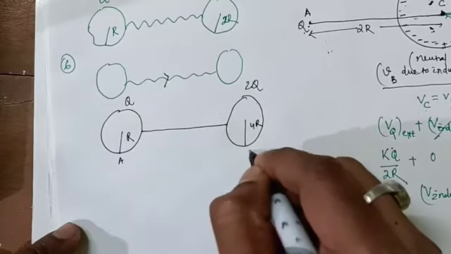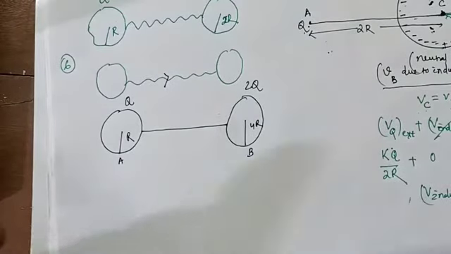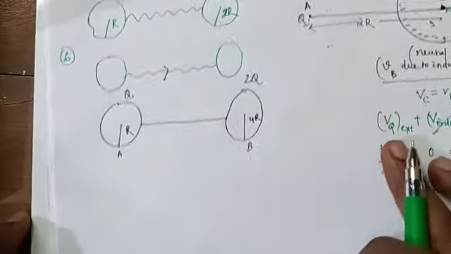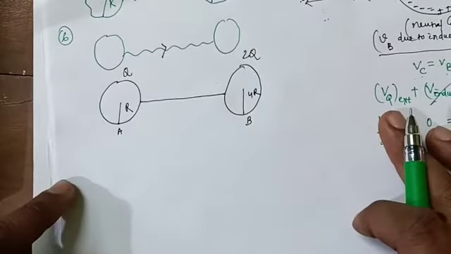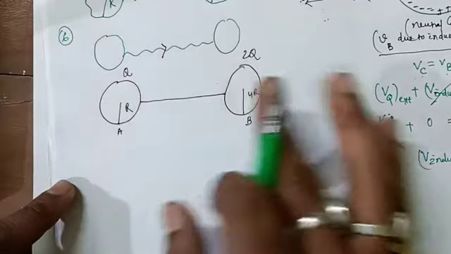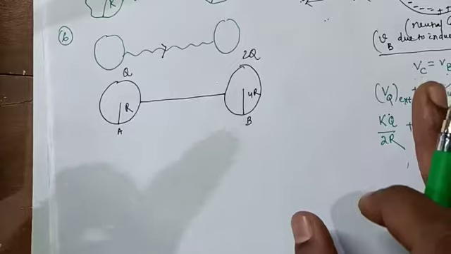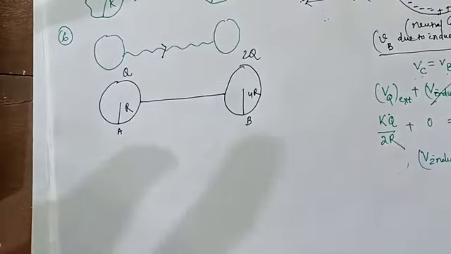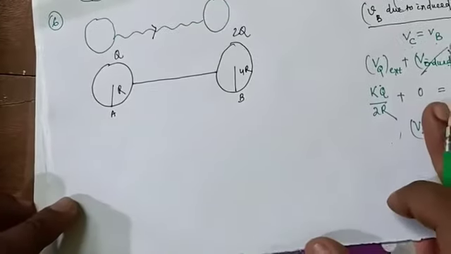This is my conductor A, this is my conductor B. The question can be framed: how much charge will flow from one conductor to the other? What is the final charge after the flow? How much charge accumulates on each conductor?